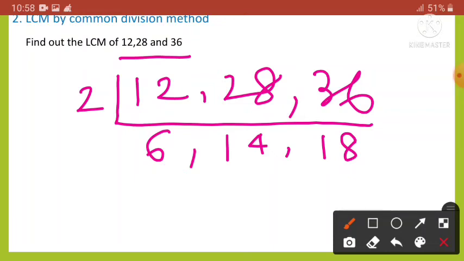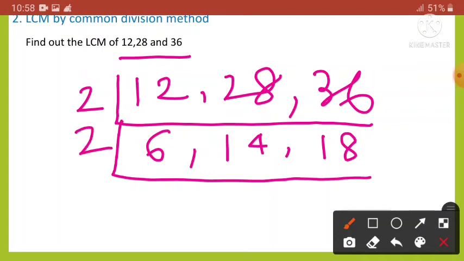Again divide by 2: we get 3, here 7, and here 9. Now divide again.